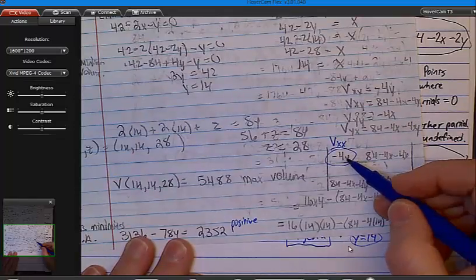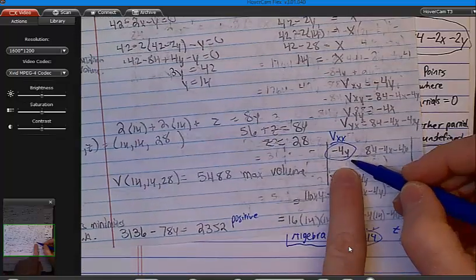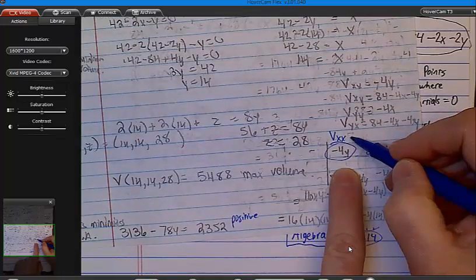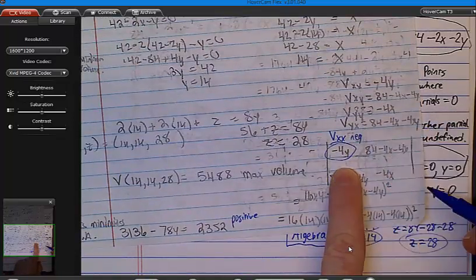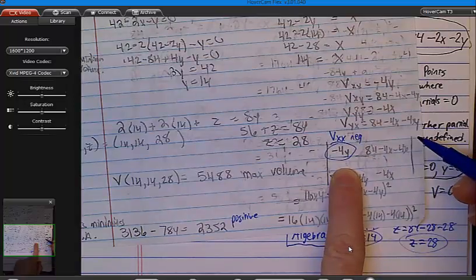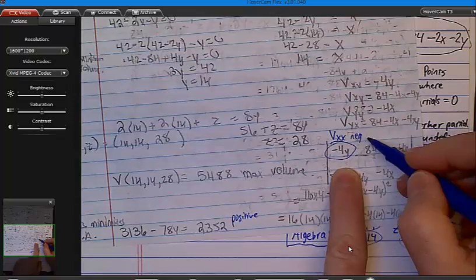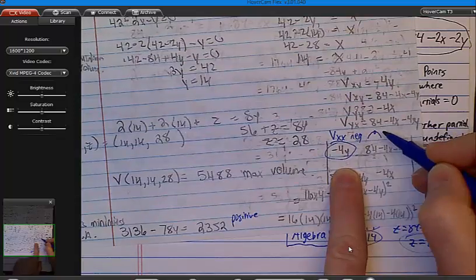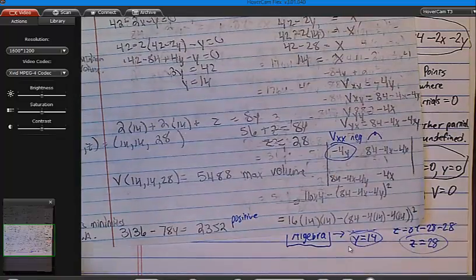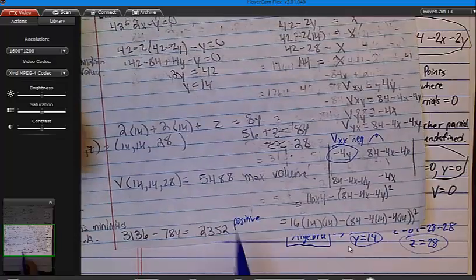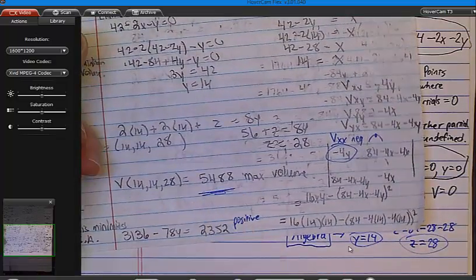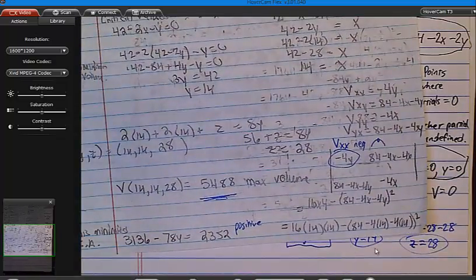If I look at that and plug in 14 for y, I notice that this is negative. Let me go back to the world of Calc 1. If it's negative, that means concave what? Second derivative negative is concave down, frown. And so that proves we really did find a maximum volume of 5488. Nice. Thanks for showing us that.